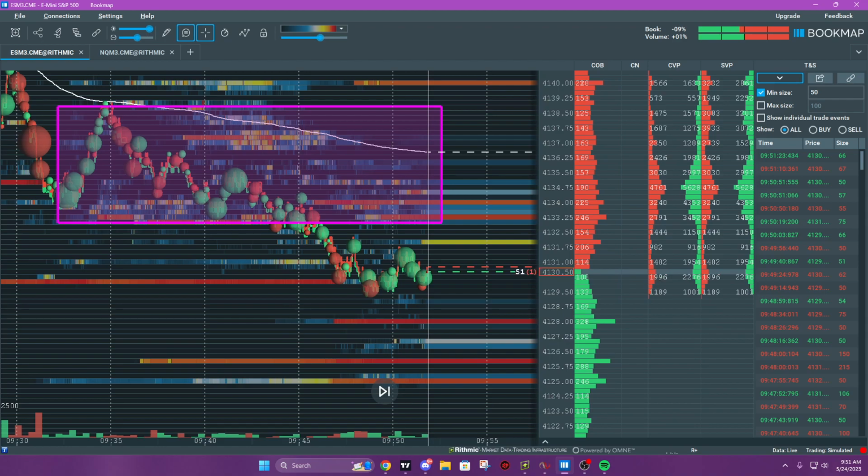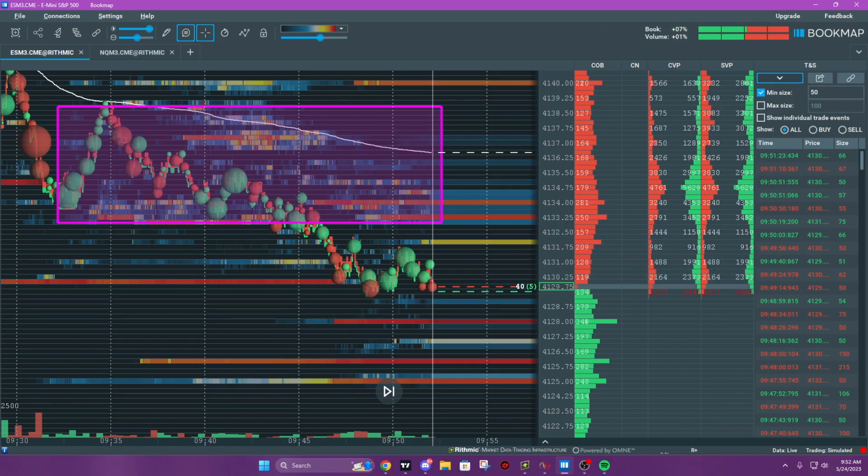So Blueport, if you are using a different data feed, I'm using Apex's Rhythmic for my evals and my funded accounts. If you have a different data feed besides Rhythmic or something, then your deltas are probably going to display a little bit different. That's what I noticed from watching Connor's old videos or live streams.